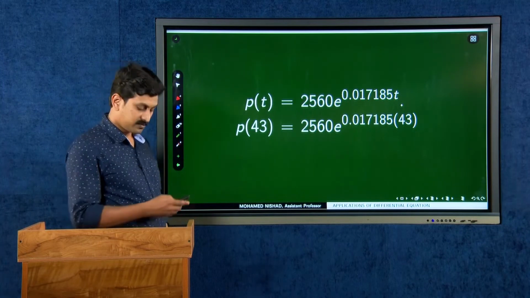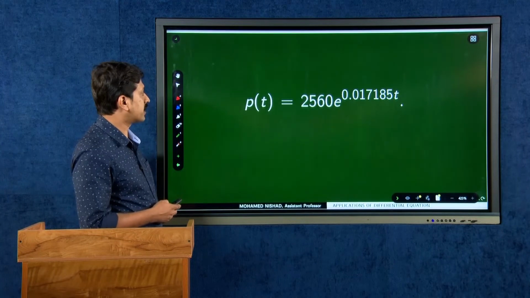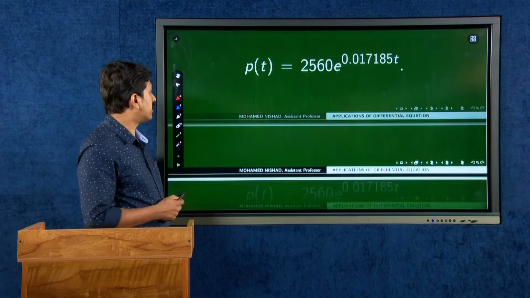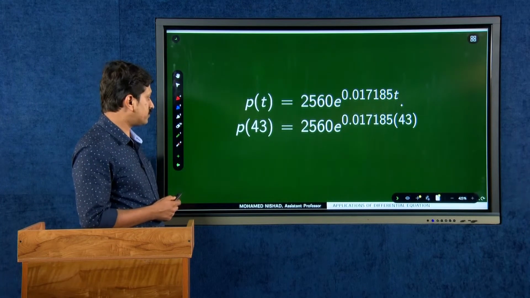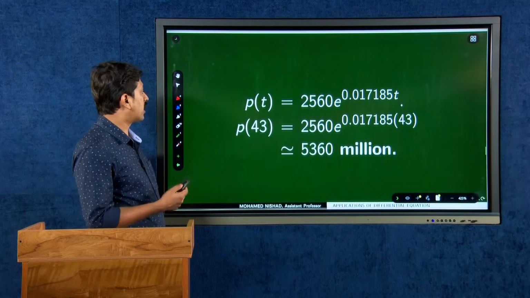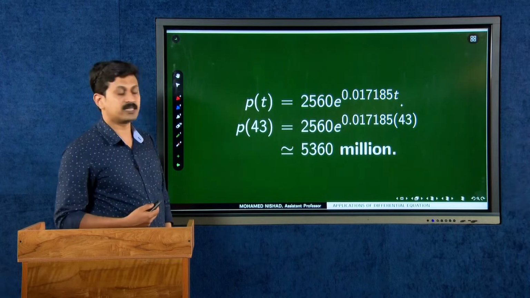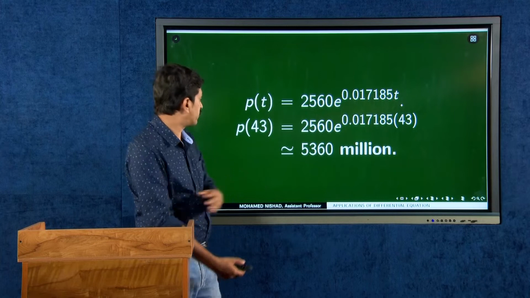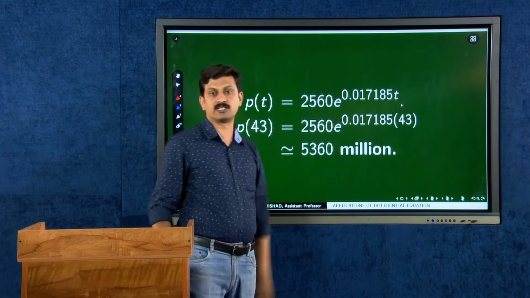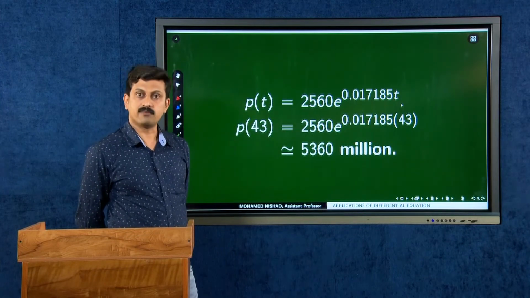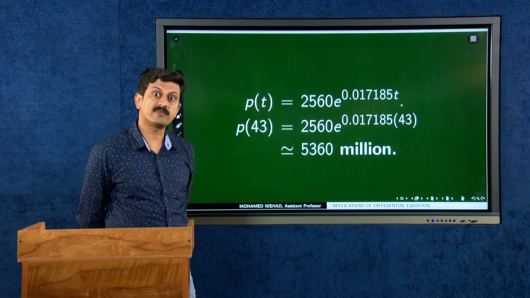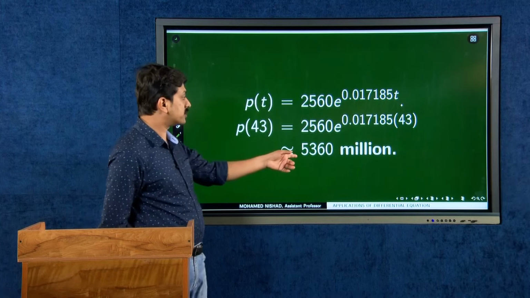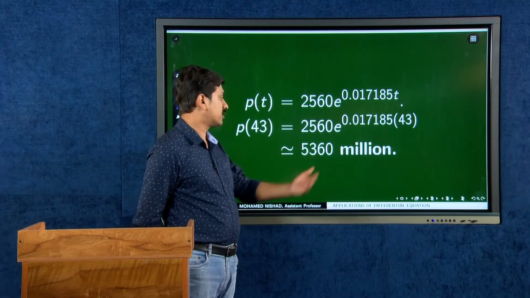We started from 1950. After 43 years, in 1993, you can estimate it by replacing t with 43. We started at 1950, plus 43 is 1993.